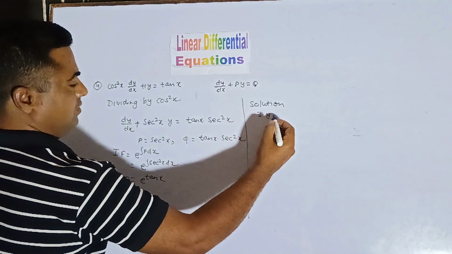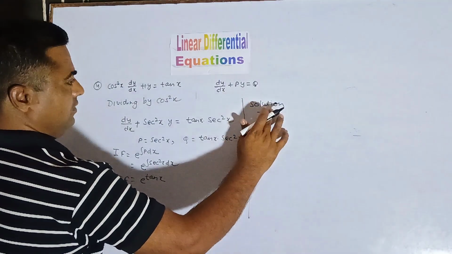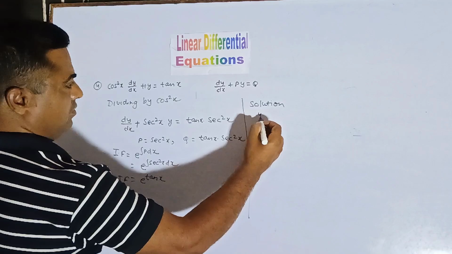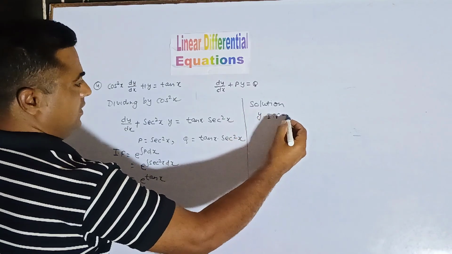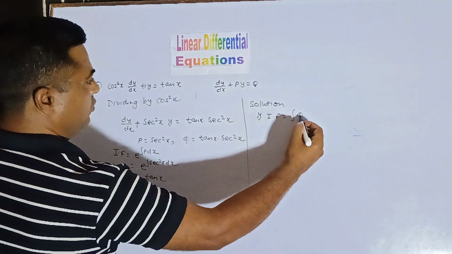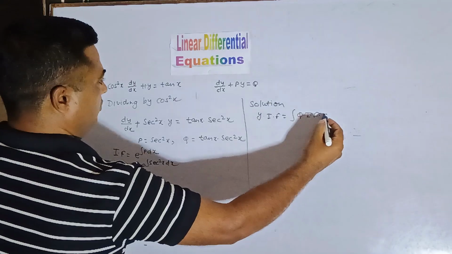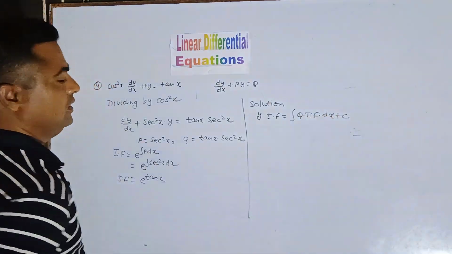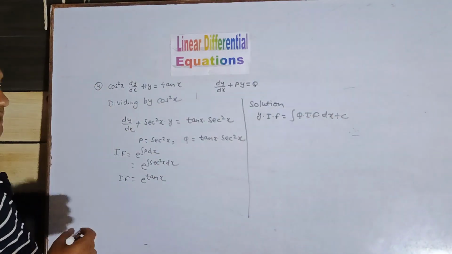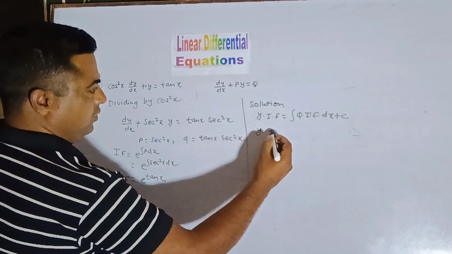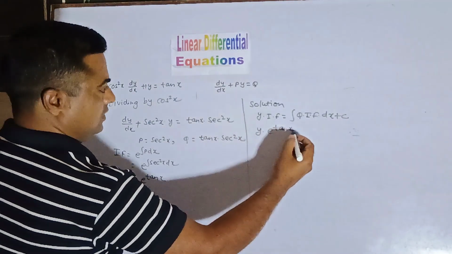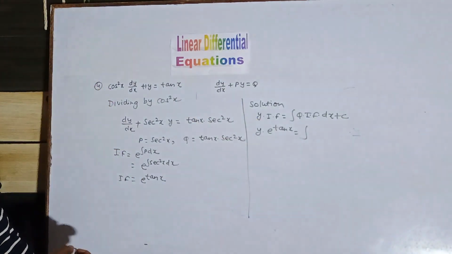y into IF is equal to the integral of q into IF into dx plus c. The value of IF is e to the power tan x. So y into e to the power tan x is equal to the integral of the value of q.